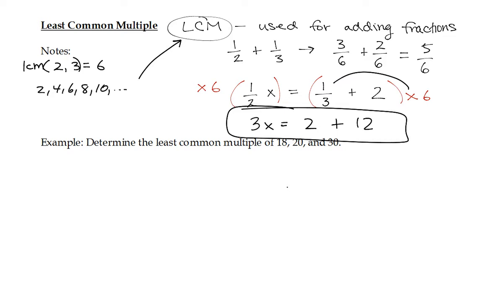Do the multiples for 3. 3, 6, 9, 12, and so on. And the first one that matches is the least common multiple. Because multiples is like skip counting, right? What's the multiples of 5? 5, 10, 15, 20, 25. What's the factors of 5?